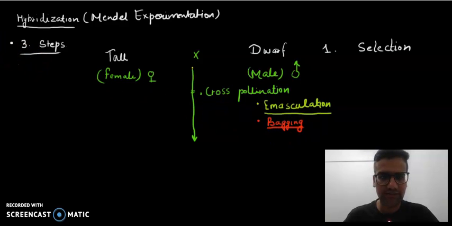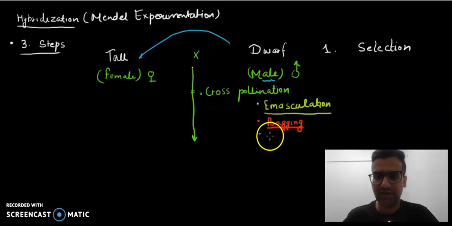The third step was dusting of the pollen grains. The anther, the male part, gives the pollen grains, and these were spread from the male part to the female part. This process is known as dusting.